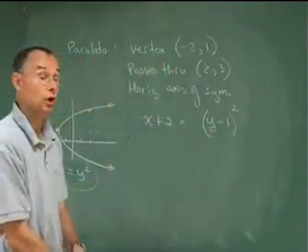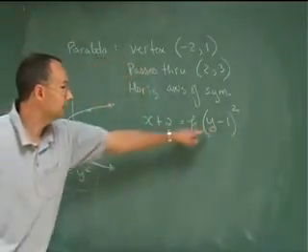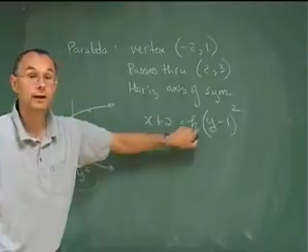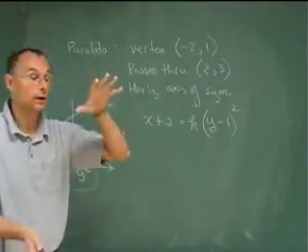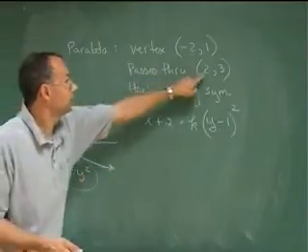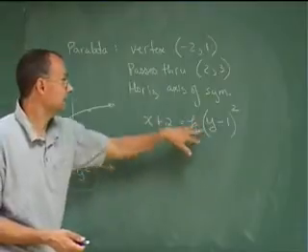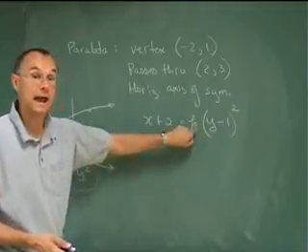So the only thing I don't know is, and I'll call it k, the number that's in front of the function part here that's going to affect the width or narrowness of the parabola. All I got to do now is plug in the coordinates of a point that's on my graph, and that'll dictate from this little equation what k has to be.